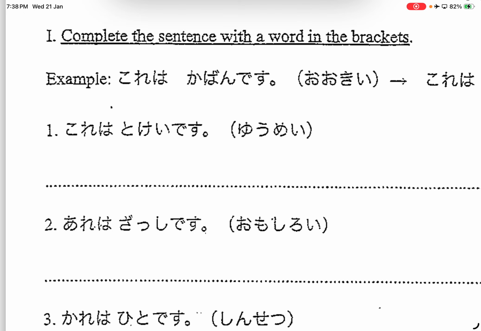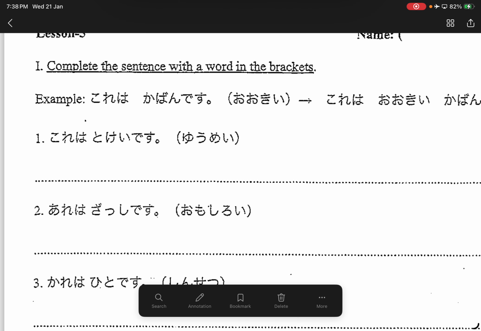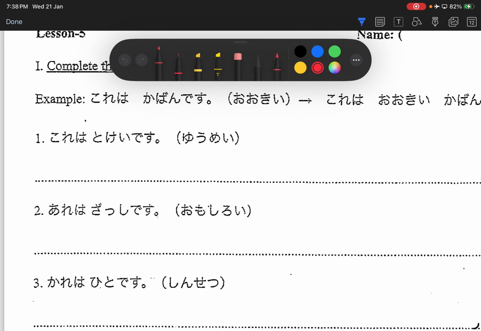One is yuumei, the other one? Kirei. Thank you. There are more, but now we only learn 2. That's why the homework is all about these 2. To make sure you all remember, drill it in yourself. Okay, yuumei is a na adjective.